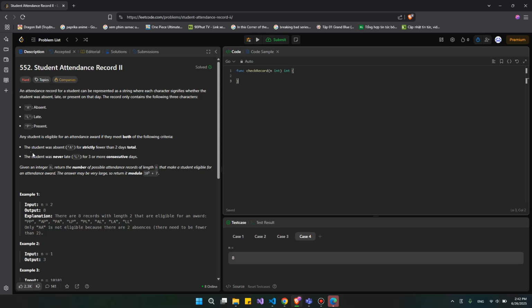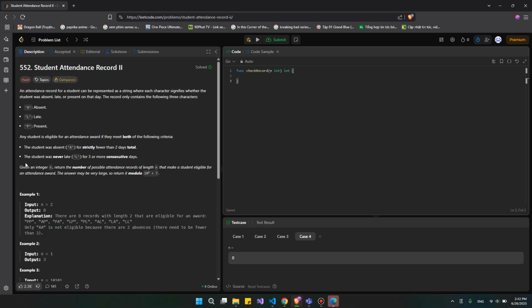One, the student was absent for strictly fewer than 2 days total. It means the student can be absent only one or zero times in the attendance record.